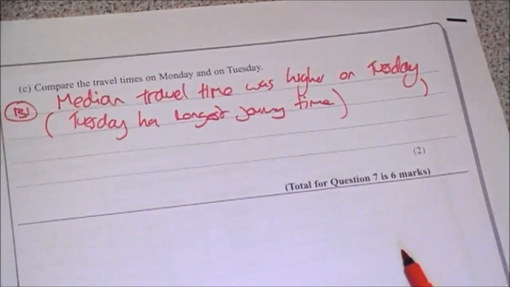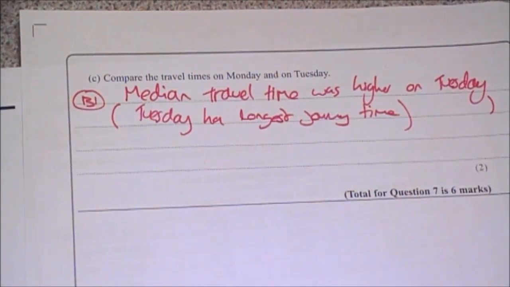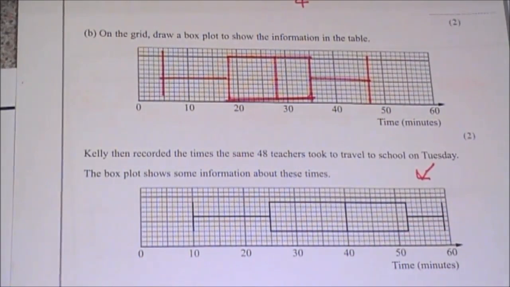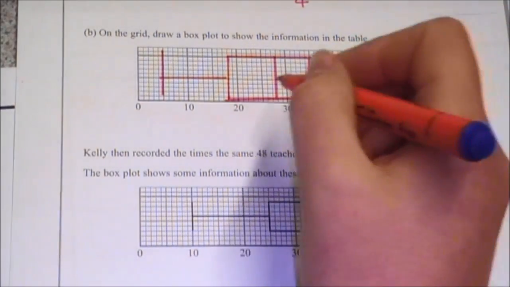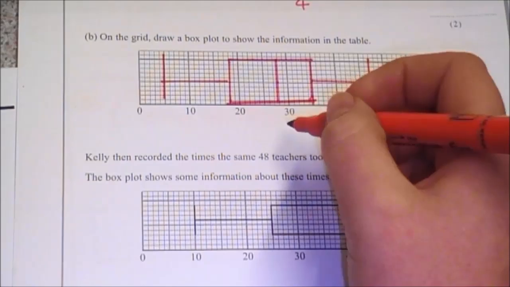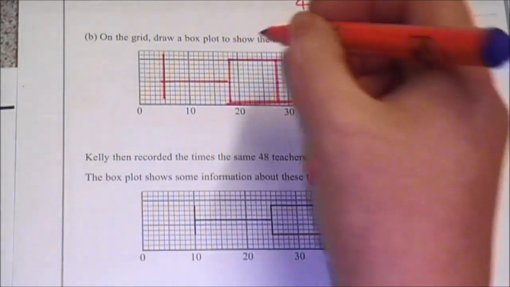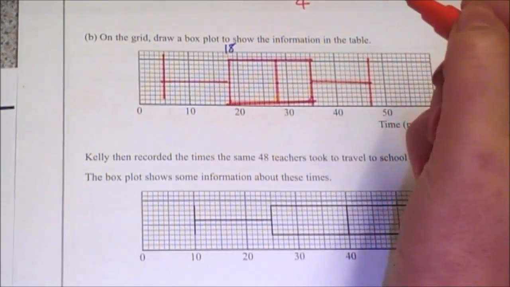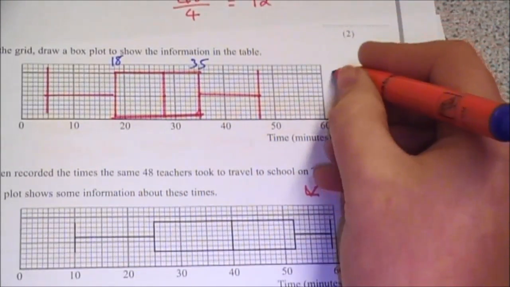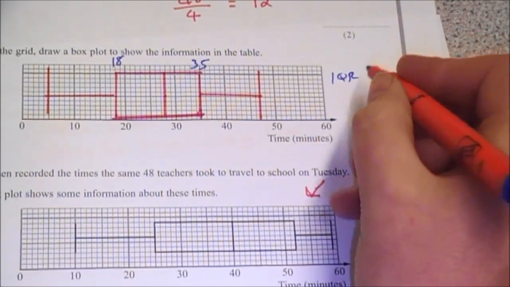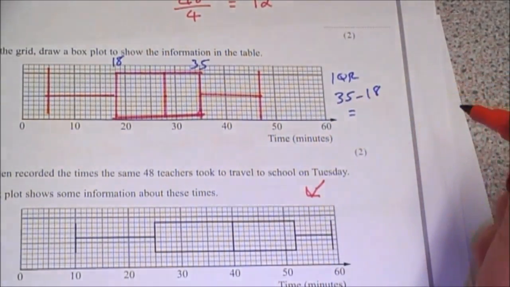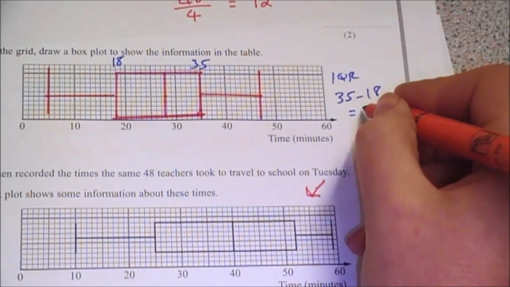Now the second mark comes from comparing the spread or the distribution. So the easiest way to do that is to look at your box plots and find the interquartile range. From the Monday, I know that my lower quartile is 18 and my upper quartile is 35. So the interquartile range for Monday is 35 take away 18, which equals 17.